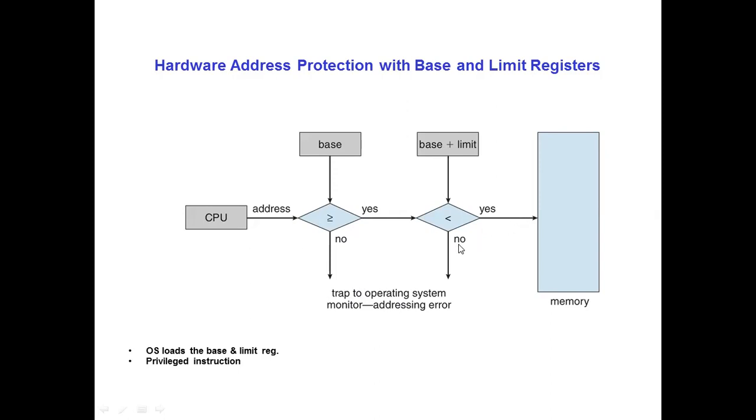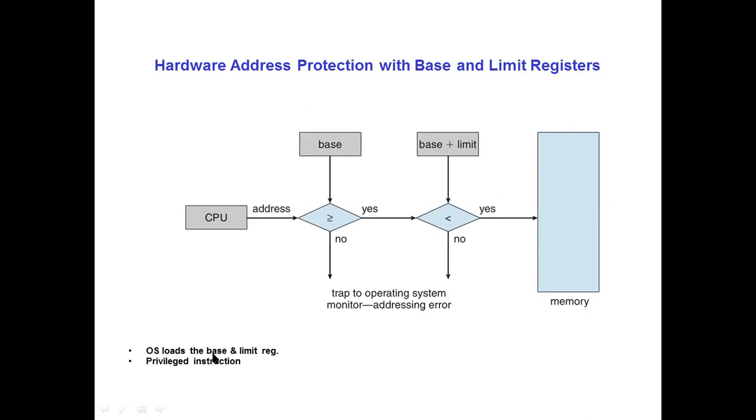If no, then again we will get some sort of error here. Otherwise, if it is fulfilling all the conditions, then we will get the address in the form of the addition of the address of base and limit. So here we will get the actual address, the real address.